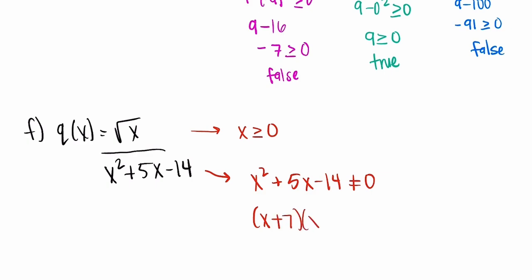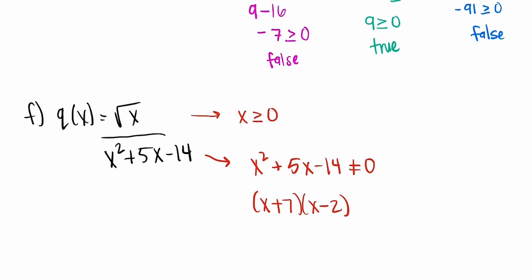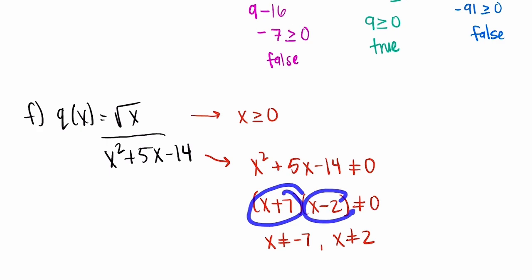So x plus 7, x minus 2. So what two numbers can x not be equal to? So x can't be 2 and x can't be negative 7. These are just the two numbers that make this equal to 0, which means we know x can't be those.